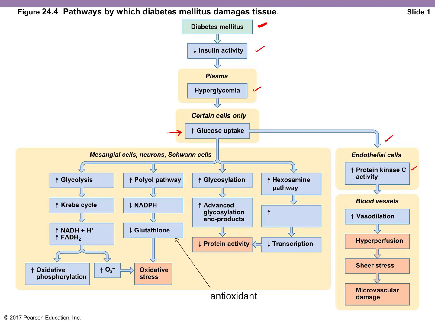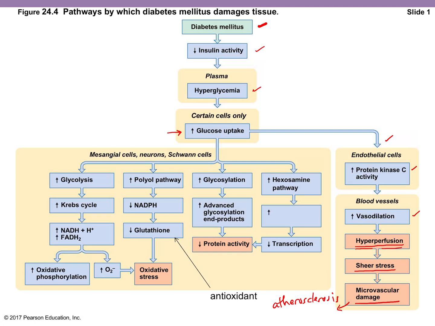The endothelial cells. They're going to activate protein kinase C. That's going to increase vasodilation. Hyperperfusion just means more blood coming into that blood vessel. It's going to cause shear stress, and that's going to cause tiny microvascular damages, all right? And that's going to help lead to atherosclerosis.